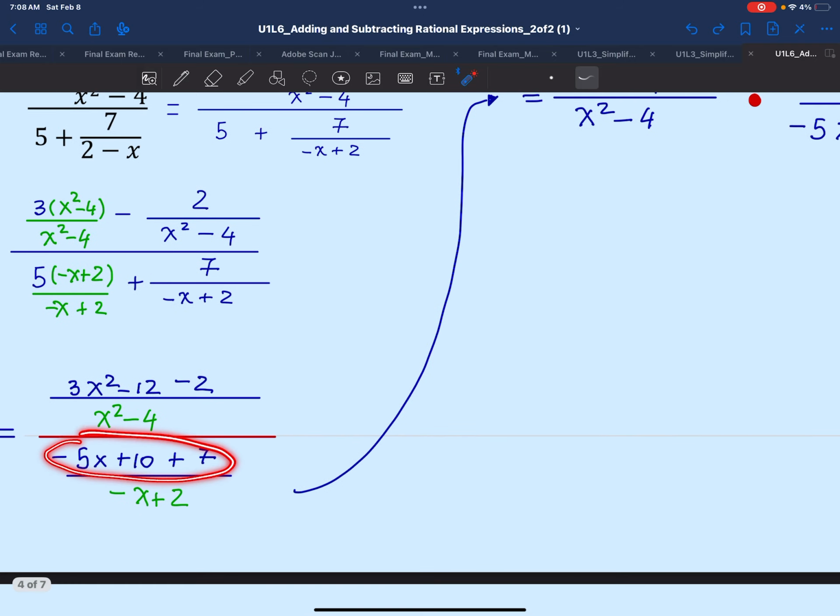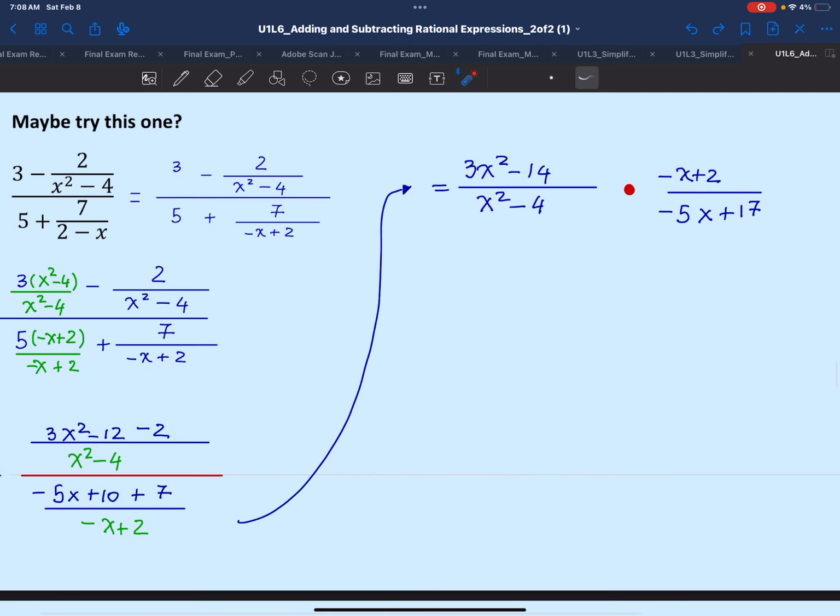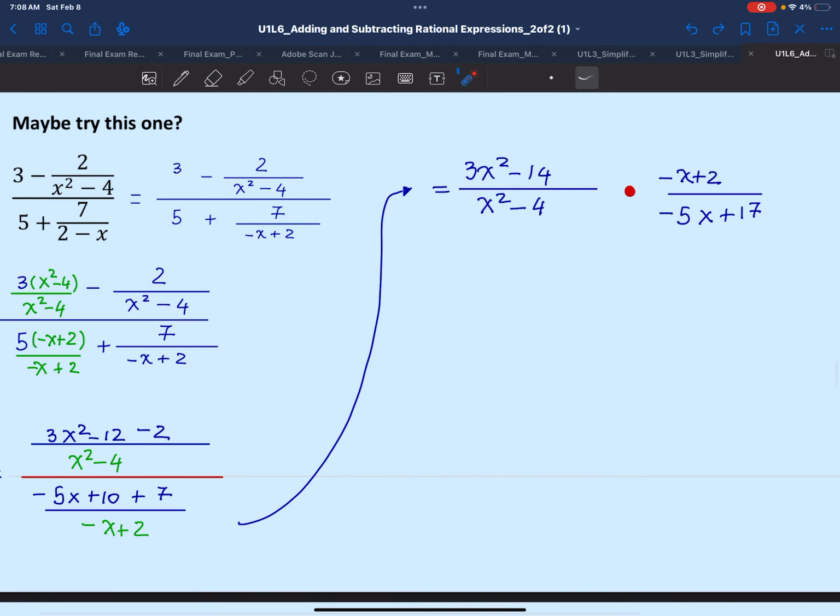That would be this numerator in simplified form. Now that we have brought this expression into what I would call a more familiar form, we simply have the multiplication of two rational expressions. So we're going to start with taking care of the simplification process.